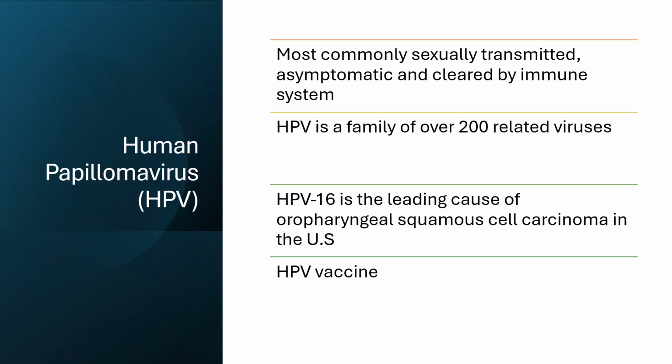So if a patient has written on their medical history that they do have HPV, it is important that we ask what strain. And if it is HPV 16, then we need to take the appropriate measures to educate the patient on what things to be aware of.